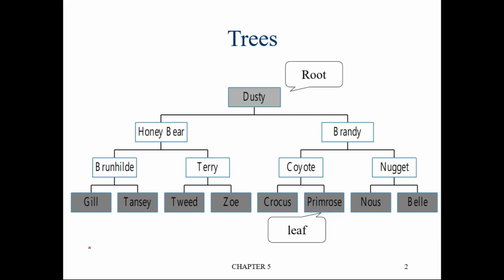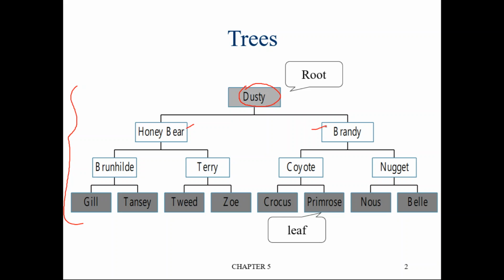Fine. So this is an example tree, which shows the nature of hierarchical data, how hierarchical data normally looks. Each thing we call a node. There is a node Dusty, which has two children: Honeybear and Brandy.